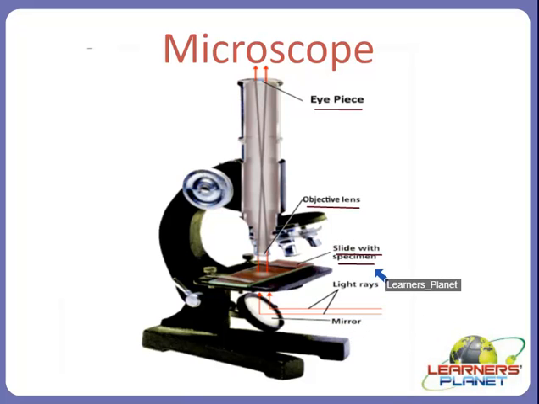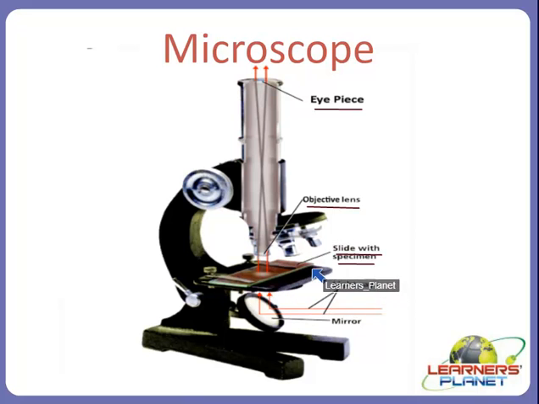And then if staining is required, that means if it has to be treated with certain dyes, then the staining process is done, else it is covered with a cover slip, a round small glass structure. That would be placed over this, and then it is going to be placed over the stage.